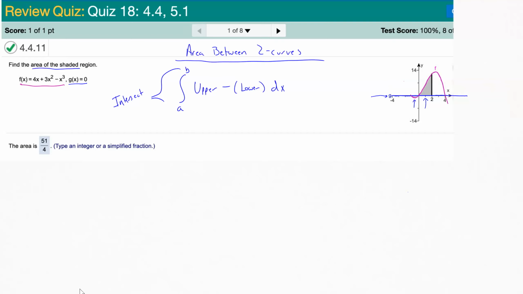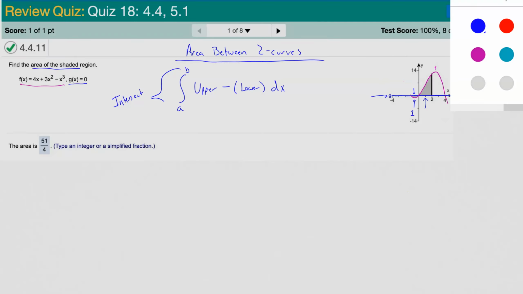So in area number 1, that little area, my blue equation is the upper equation. It's on top, above the pink equation, and the pink equation is my lower equation. So that'll be one setup.